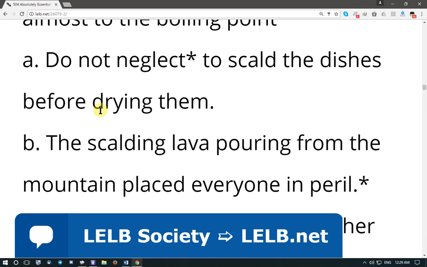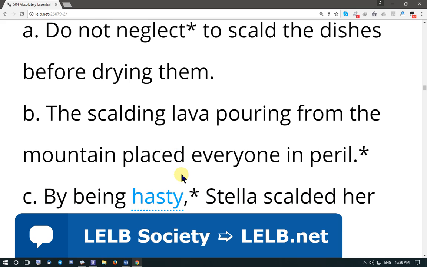Okay, the scalding lava pouring from the mountain placed everyone in peril. Scalding, boiling, lava. Lava, pay attention, the second A is a schwa, it's so weak, lava. So the scalding lava or melted rock material coming from the volcanoes, which is so dangerous and horrifying, pouring from the volcanic mountains, placed everyone in peril.